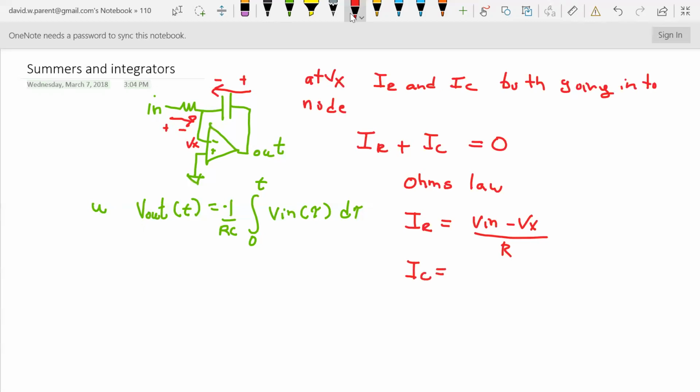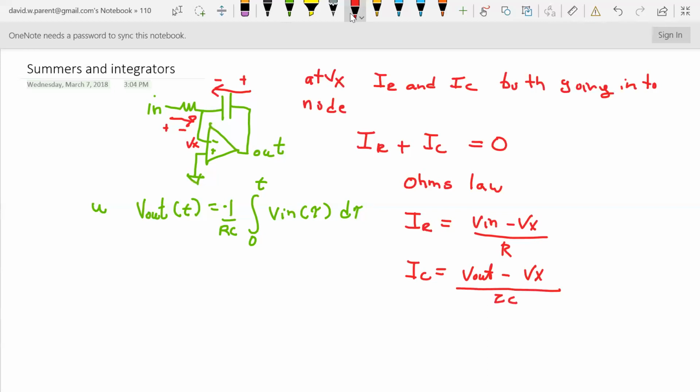Now, yeah, here's where we can make a mistake. You might put Vx minus V out, but notice our current direction and our sign convention means V out minus Vx, and I'm just going to put ZC.